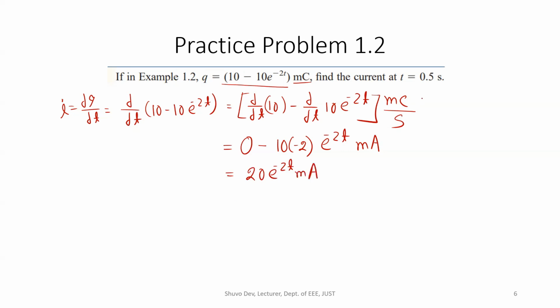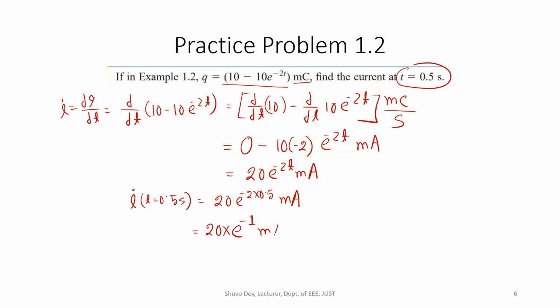But we have to find the current at t equal to 0.5 second. So current I at t equal to 0.5 second. What will be the current? 20 e to the power minus 2 into 0.5. The current term is already present here, that's why we use this. So it will be 20 into e to the power minus 1 milliampere.